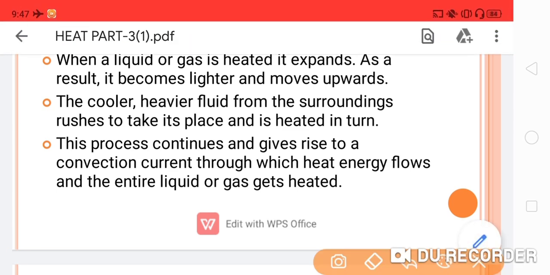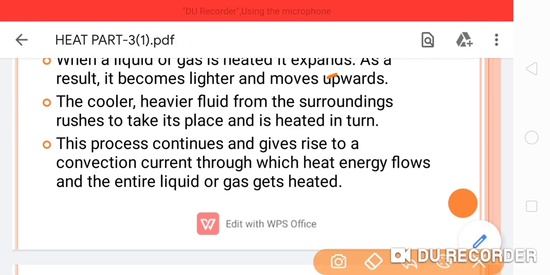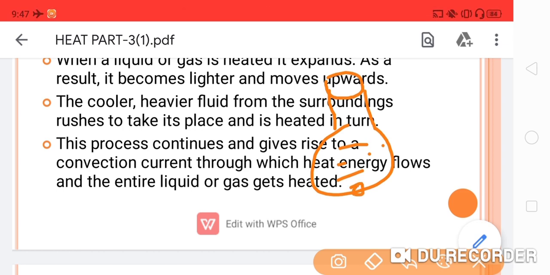You can see here, suppose this is the round bottom flask, and you have placed water and one crystal of potassium permanganate in it, and here is the source of energy. What will happen? The water molecules existing just at the bottom of the flask will absorb the heat and move upward.